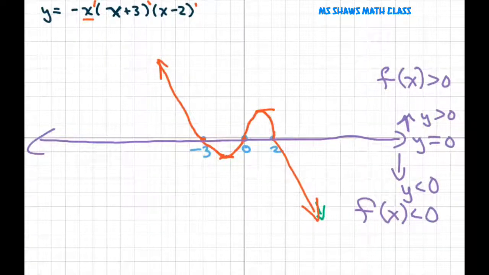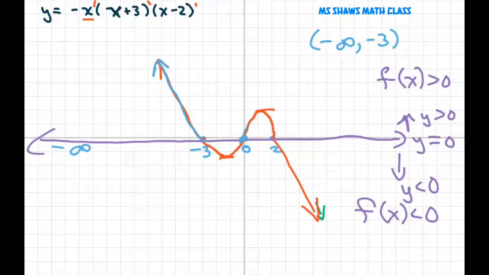So where is it greater than 0? Right here. So if you look at the x values, that's negative infinity to negative 3. Okay, also right in here. That's from 0 to 2.